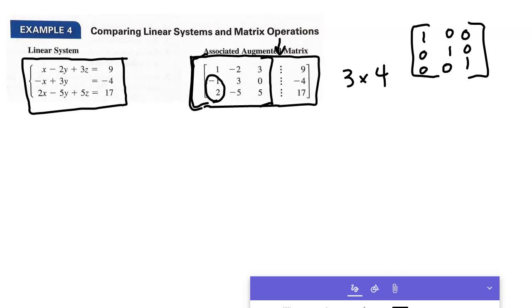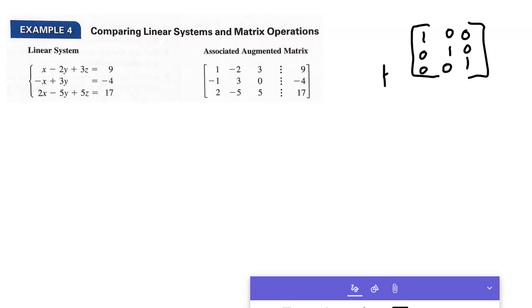So the next thing we do is look at this. I'm going to leave this top row alone, and I want to make it 0 here. So I'm going to take the top row, row 1, and just add it to row 2 to give me another row 2. That's how we list that out.